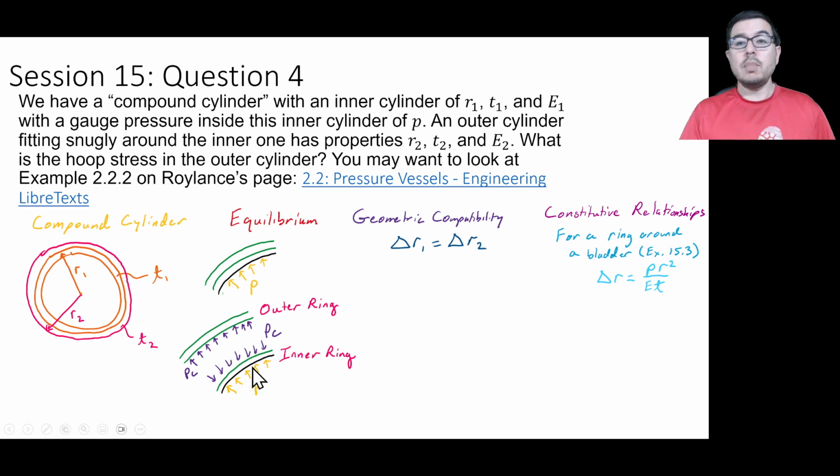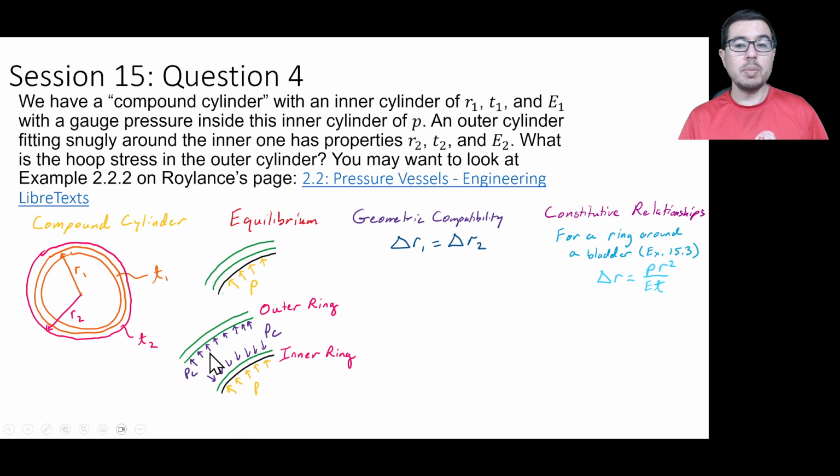This is exciting, right? Because now we can decouple these two rings in terms of what might be happening to their change in radii, and we know their change in radii are the same. The last bit of equilibrium that I'll put out here is that we are being asked to calculate the hoop stress in the outer cylinder.